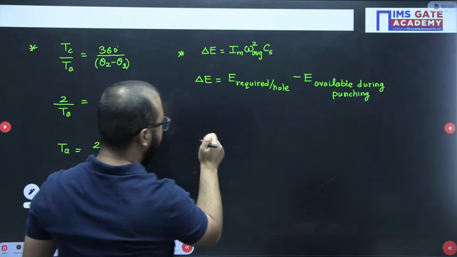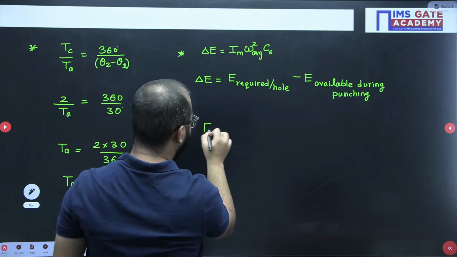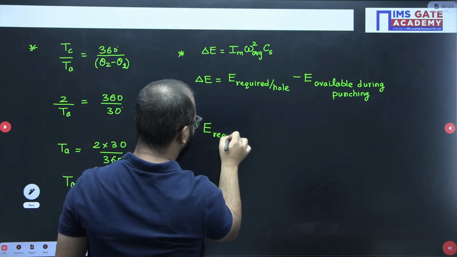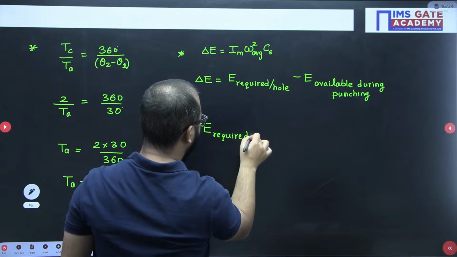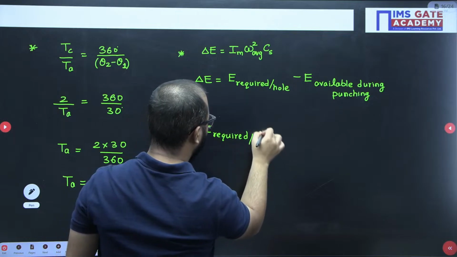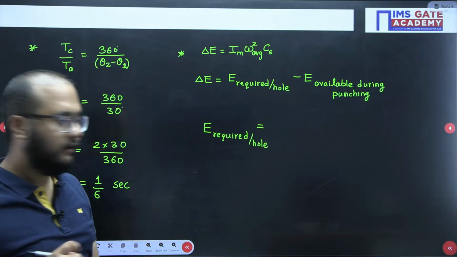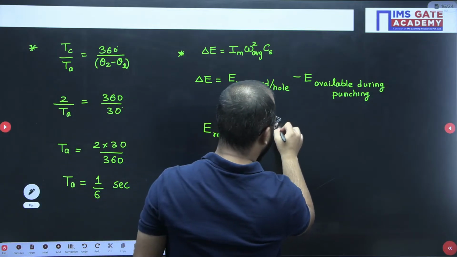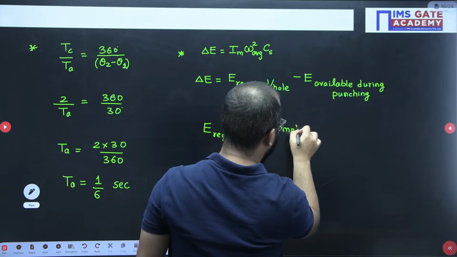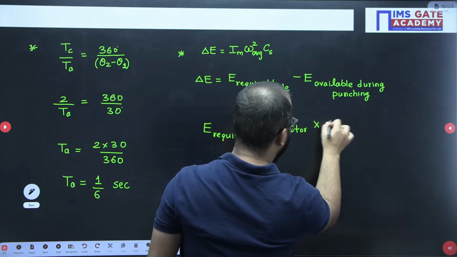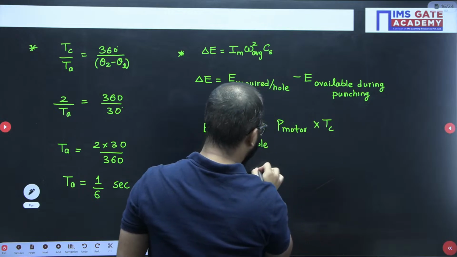Now energy required per hole. Power of motor multiplied by cycle time.